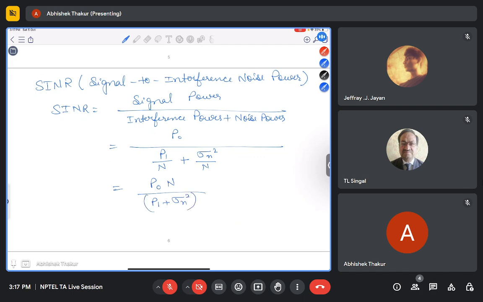So here you can see this n. The SNR is increased by the factor of n, because the noise and this interference are suppressed by n.